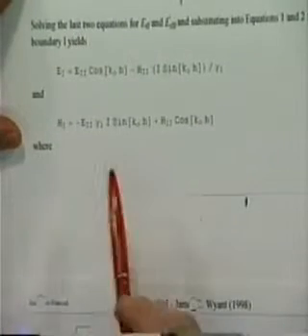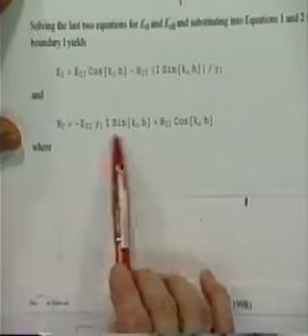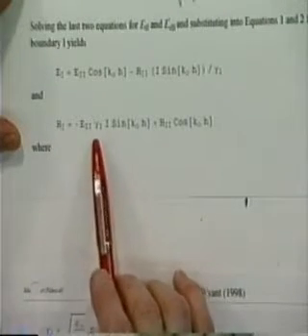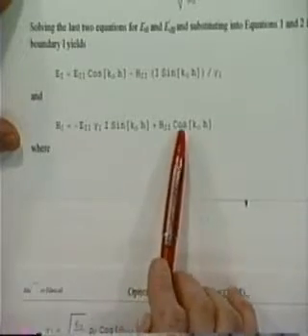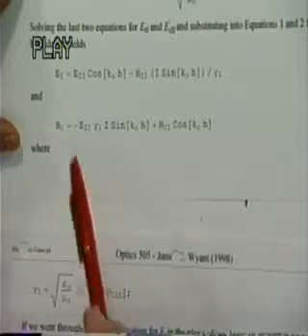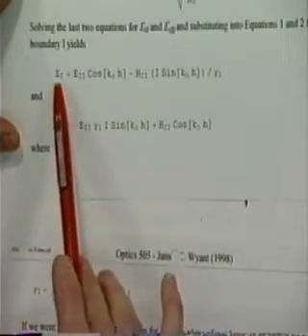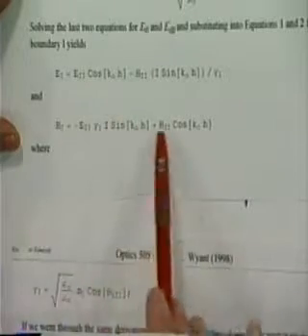And for H, you get H1 is minus E2 gamma 1 i sine K naught H plus H2 cosine K naught H. So this is relating the E's and H's at boundary 1 to what we have for boundary 2.